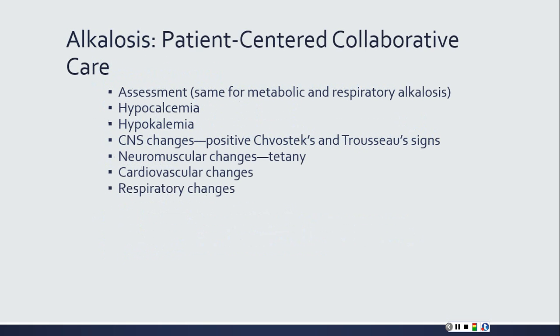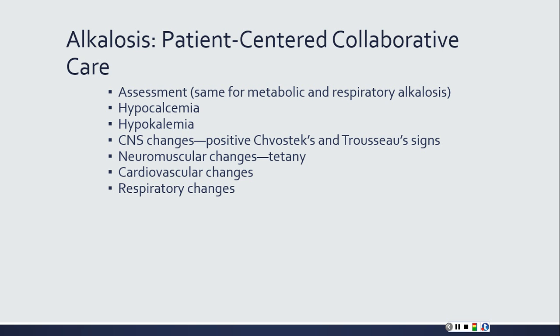All right, patient-centered collaborative care. What we're going to do, we want to assess closely, and this is going to be the same for both metabolic and respiratory alkalosis. You're assessing for hypocalcemia, hypokalemia. So again, changes to potassium. We're looking for what? Cardiac dysrhythmias and cardiac changes as a result.